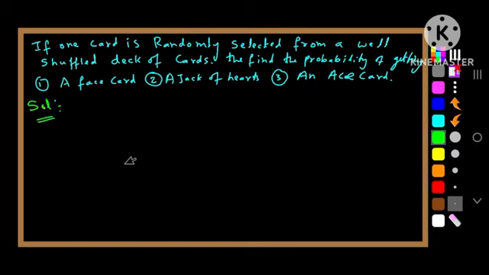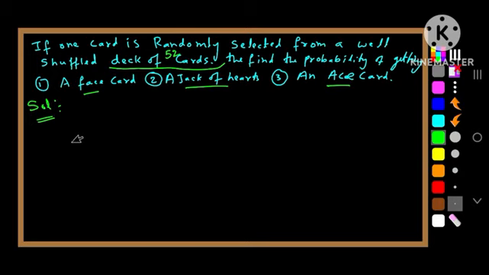So first of all, let us see how many face cards, jack of hearts and ace cards are there in a deck of cards. So you have to remember here, this deck of cards is always 52.